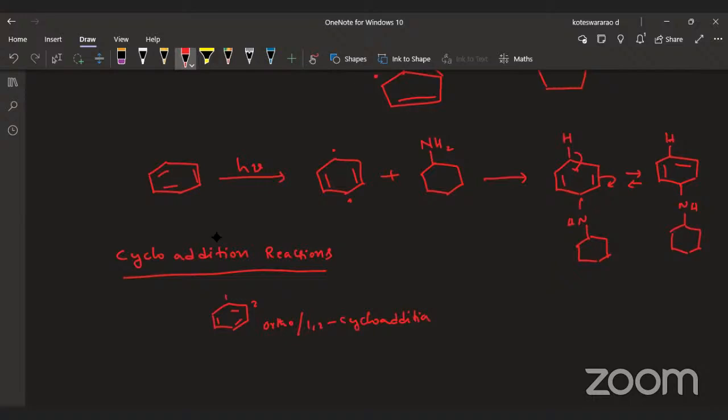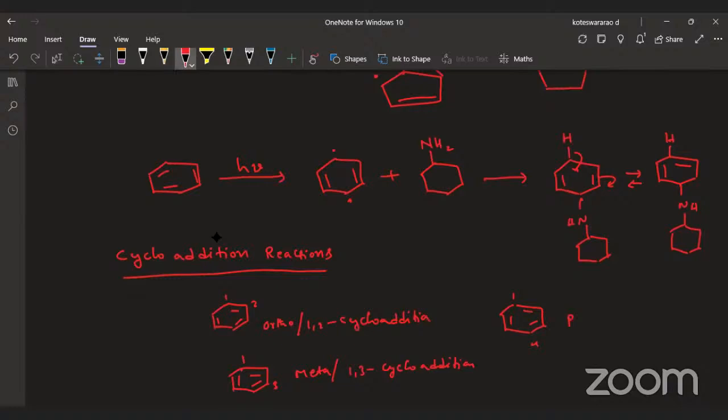Suppose it is involving 1,3 positions, these are called meta or 1,3 cycloadditions, or it is involving the addition at first position and fourth position.